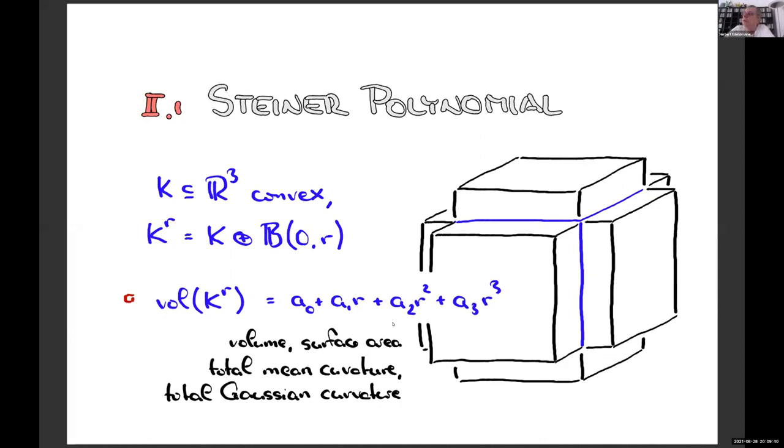Now, you could have a question about mean curvature because it is traditionally defined for smooth bodies. Here we don't have a smooth body, we have a polytope. I'm going to talk about what mean curvature in a polytope environment should mean. And then there are also pieces at the vertices. So for the cube, you have 1/8 of a ball sitting around each vertex. Together, they form a whole ball. And so A3 is the Gaussian curvature. And this makes up the Steiner polynomial.